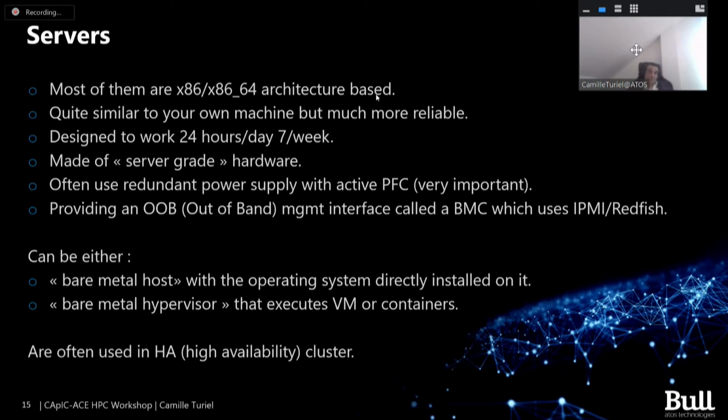It's called a dedicated management interface, or it can take several names, but the concept is always the same. It's an out-of-band interface. So server chassis can also use such an interface.